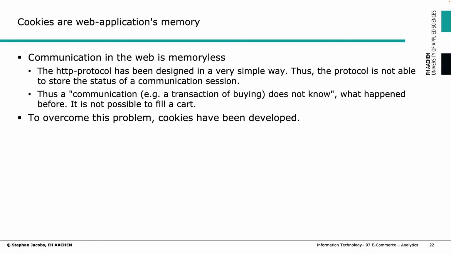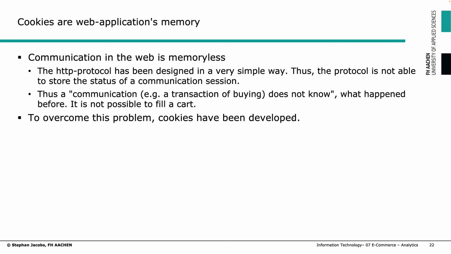For example, if you have logged into a website, the communication protocol doesn't remember. Or if you are in a web shop and you have put things in a cart, then the protocol doesn't remember which things are in a cart. It's not part of the protocol.